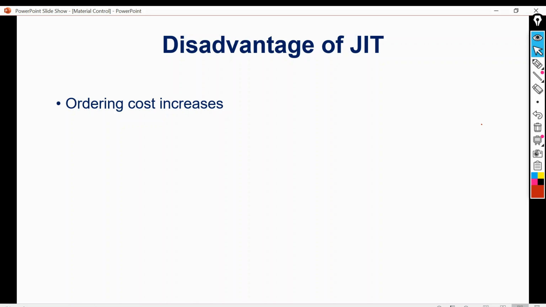Here we do not get to take advantage of economic order quantity, and we do not maintain a minimum stock level, maximum stock level, or danger stock level as in the store control process. Hence we have to bear increased ordering cost, because in just in time our orders are more than in other approaches.